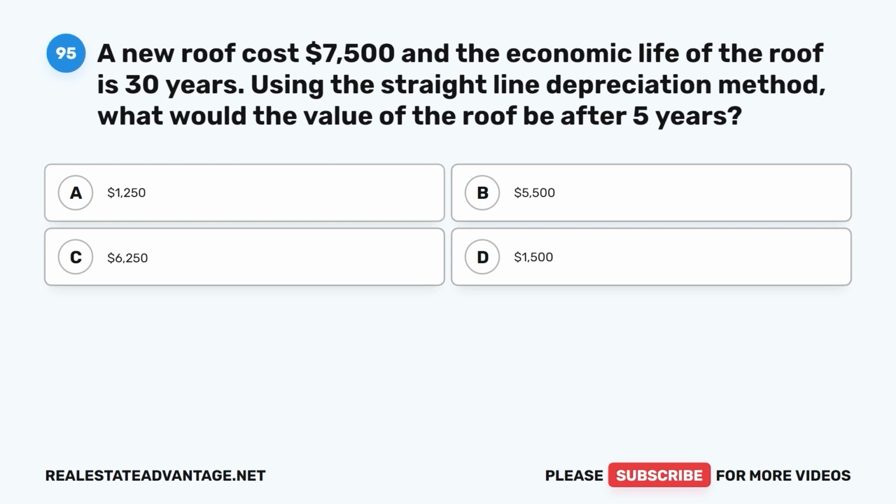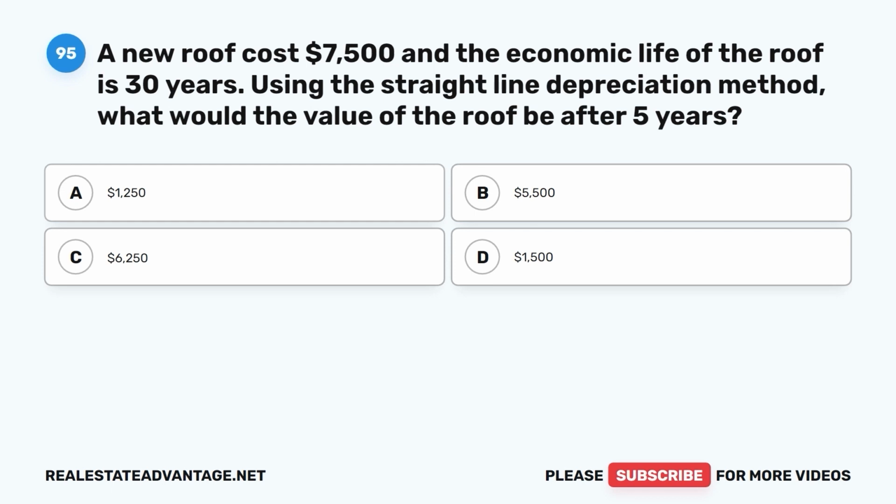Using the straight line depreciation method, what would the value of the roof be after 5 years? A. $1,250. B. $5,500. C. $6,250. D. $1,500.